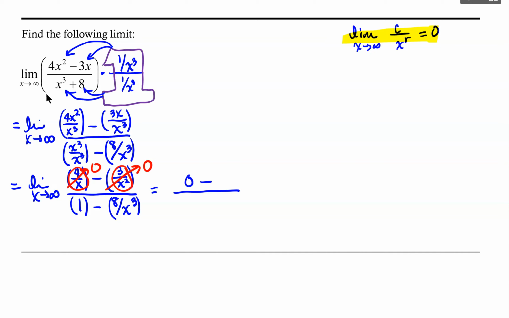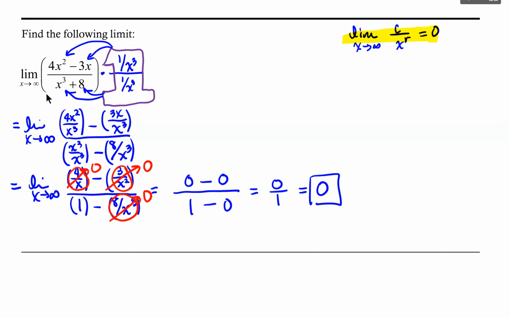So that heads to 0 as well. Notice that in my denominator I have a 1. So as x heads to infinity, that doesn't change the value of 1. Minus, and then my second term in my denominator, 8 over x cubed, I can apply that property and that heads to 0. So I end up with 0 over 1, which is 0.